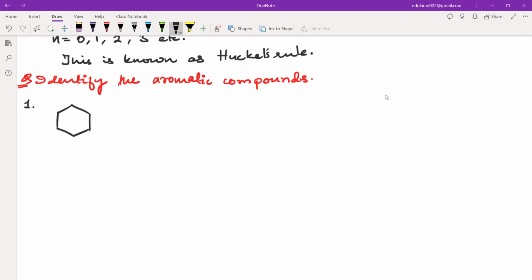How do we check hybridization? What do we see for hybridization? Hamza, tell me, what do you see? So the steric number. What is the steric number?